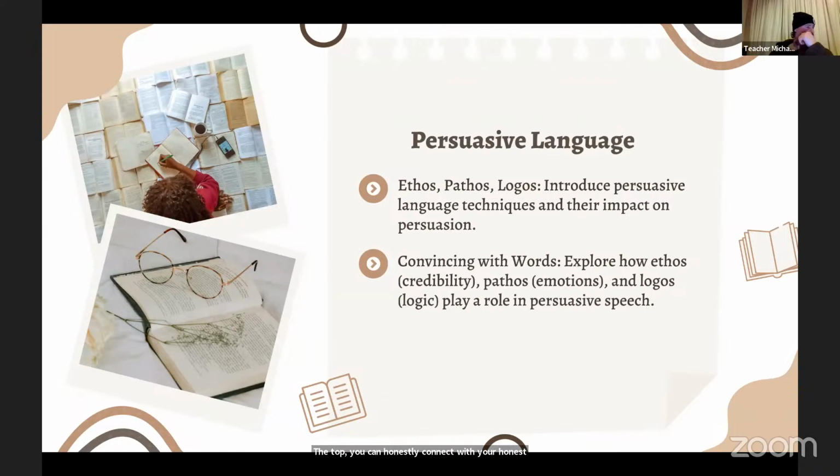Very good. So yes, again, building that emotional connection with the audience can help build that sense of trust that began from the ethos, which is developing your credibility. Pathos focuses on stirring emotions and creating a strong emotional connection between the speaker and the audience.